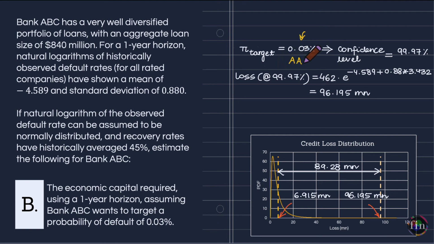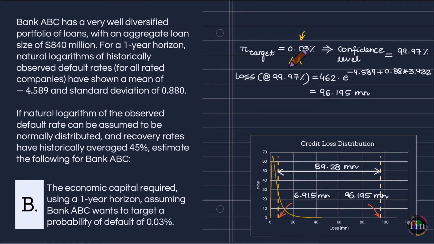Okay, bank ABC has already found this out from rating agencies, that this rating will be granted to bank ABC if it can prove that it has enough balance sheet strength. Let's say it has enough capital in place for it to be able to withstand losses which have a probability of 0.03% of being exceeded.